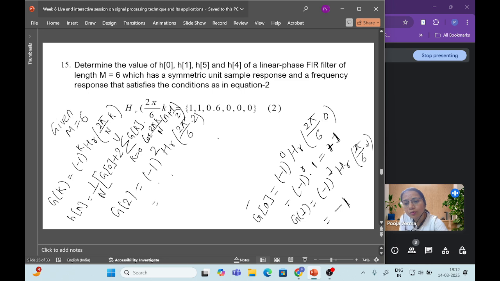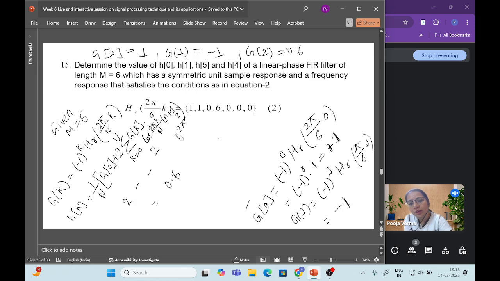At the 2 place the value is 0.6. So g0 we have got is 1, g of 1 we have derived as minus 1, and g of 2 is equal to 0.6.